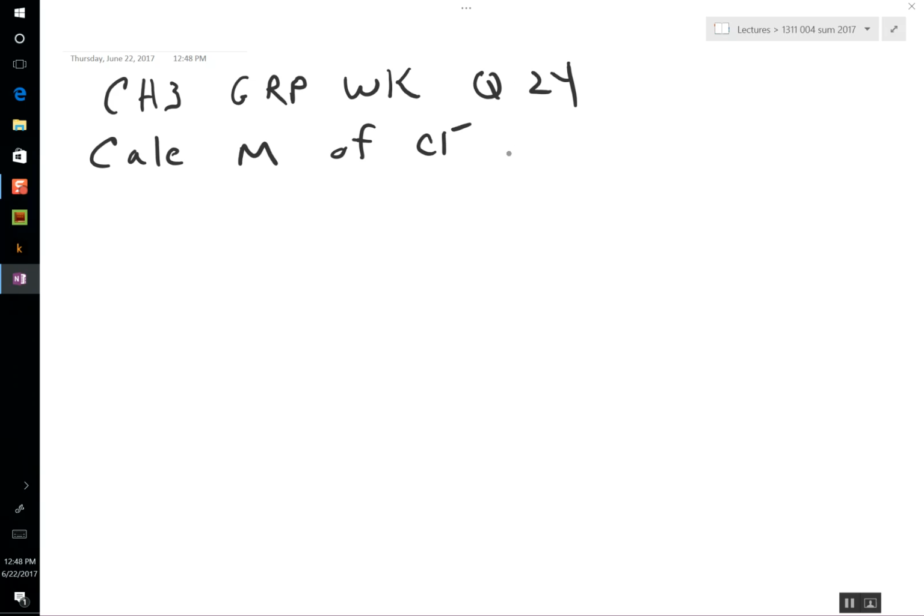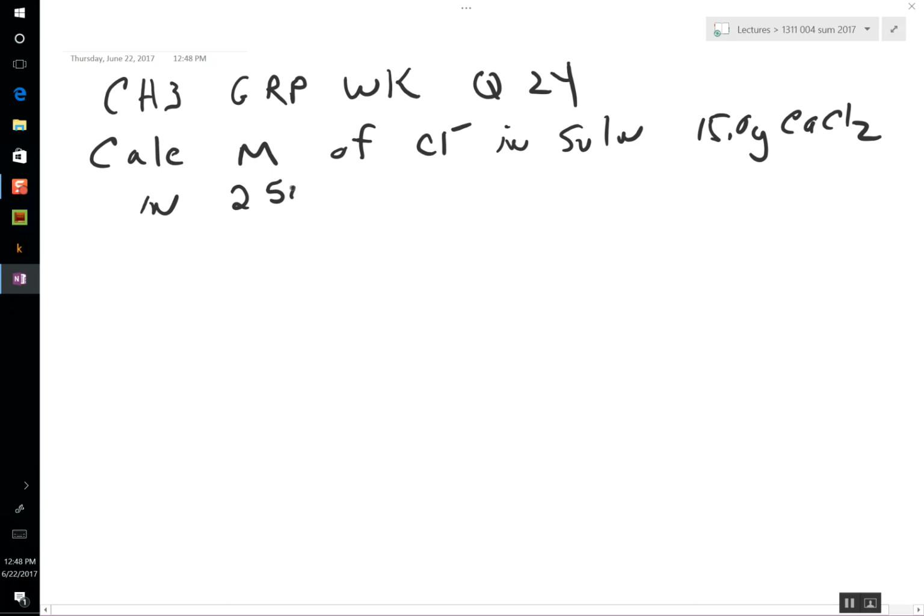Chloride ions in a solution that has 15 grams of calcium chloride in 250 milliliters of solution.